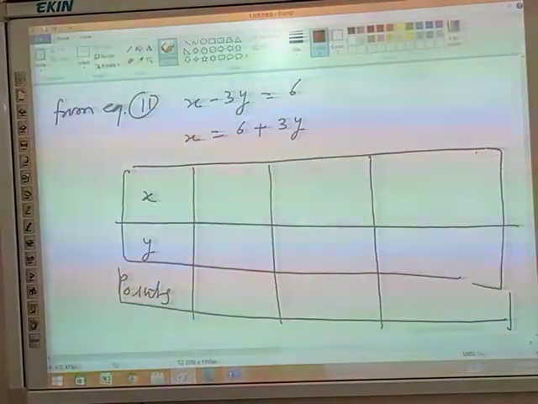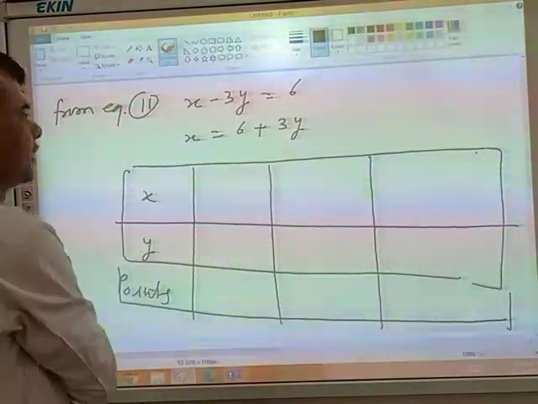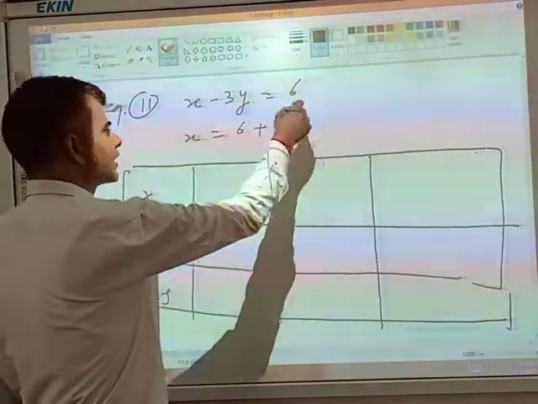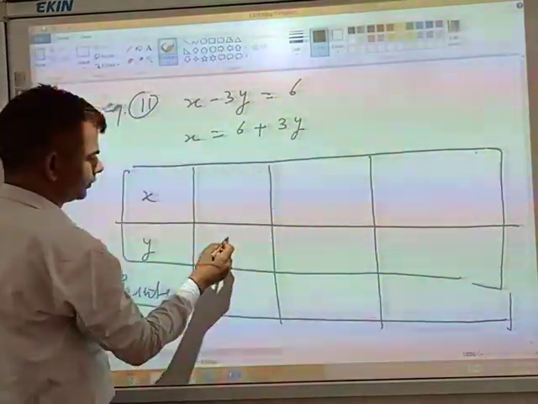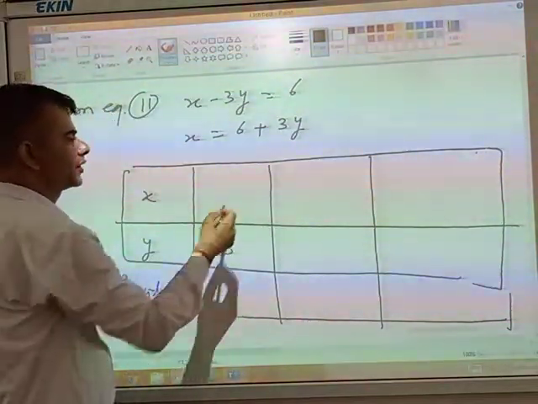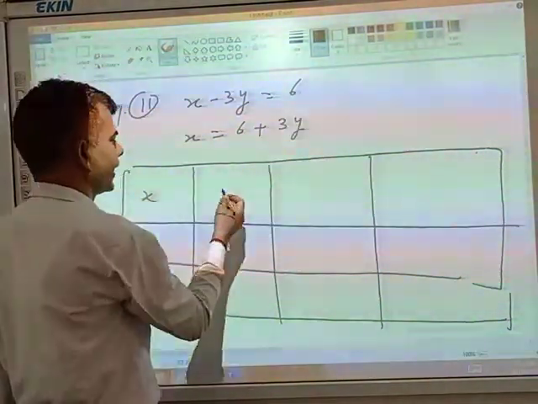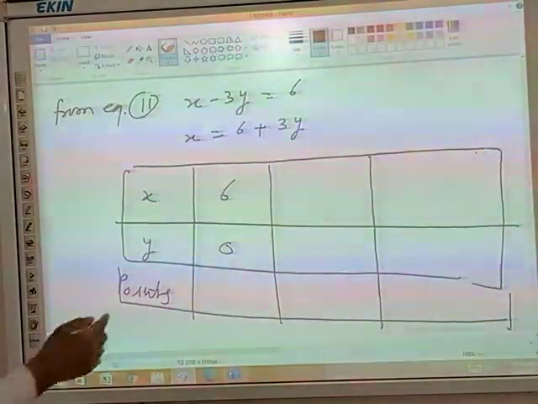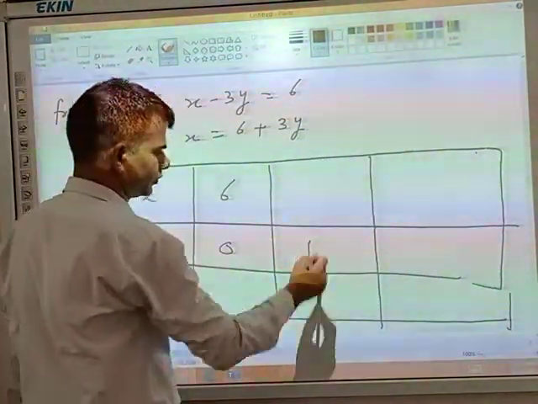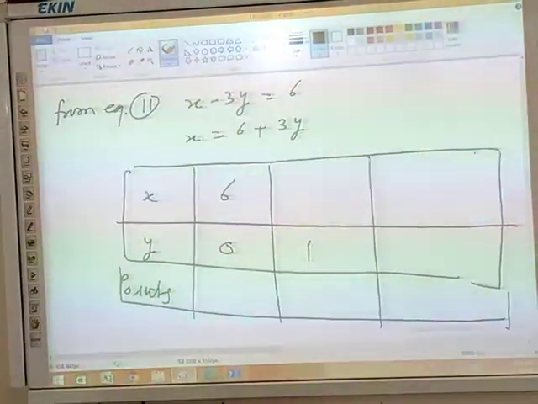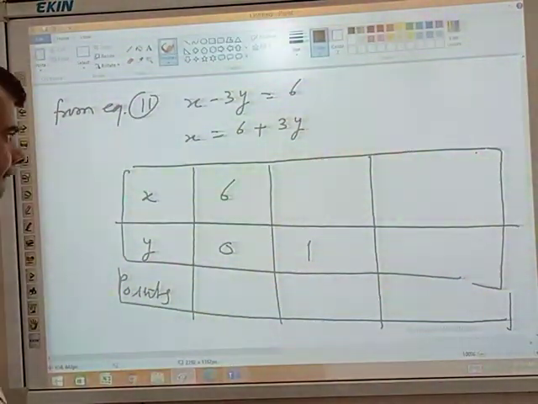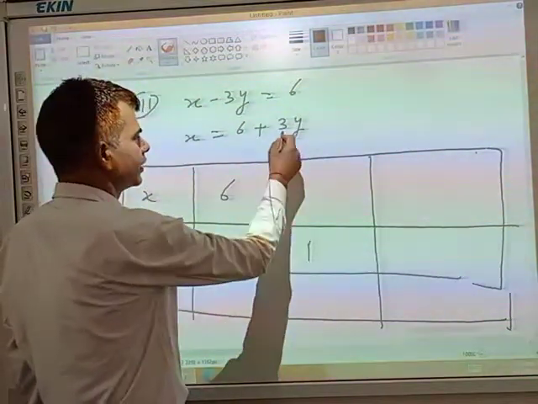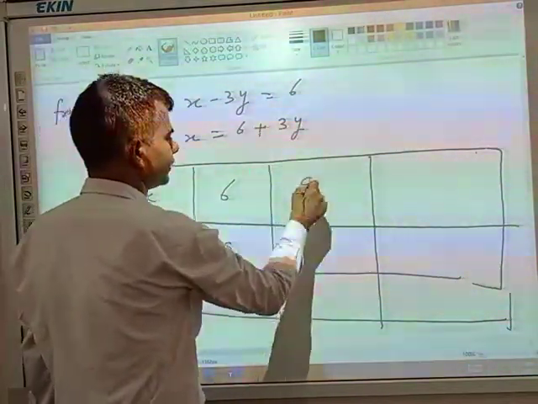Now students, we will replace y with 0. If we replace y with 0, 3 into 0, x will be 6. If we replace y with 1, 3 ones are 3, 6 plus 3 is 9.